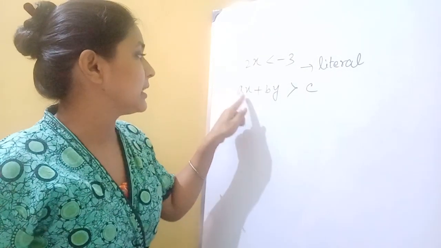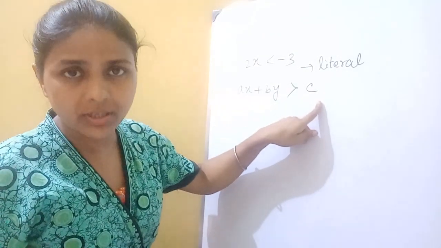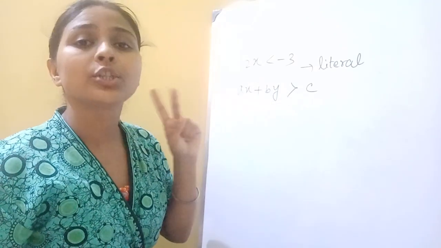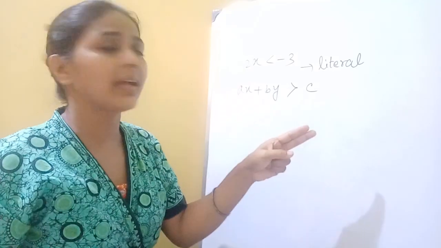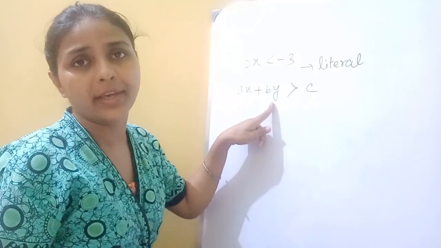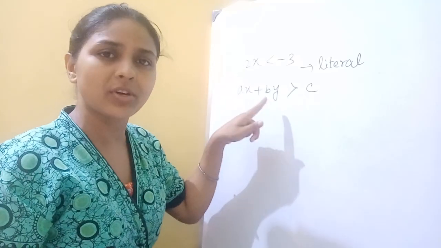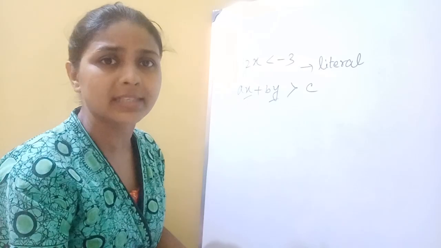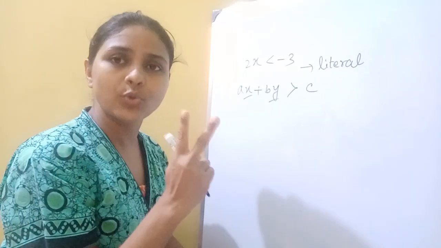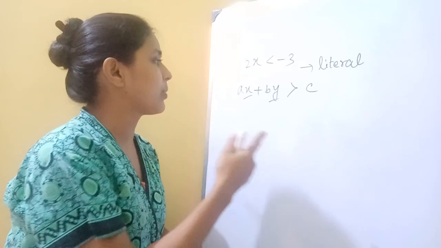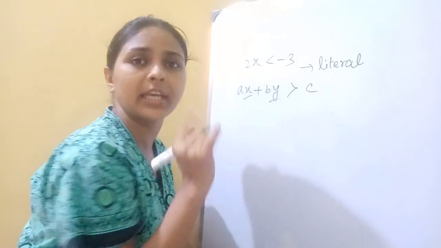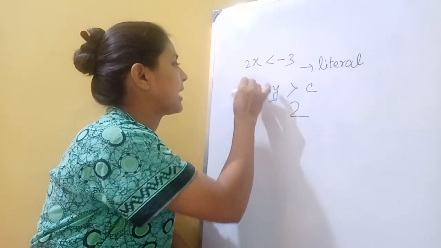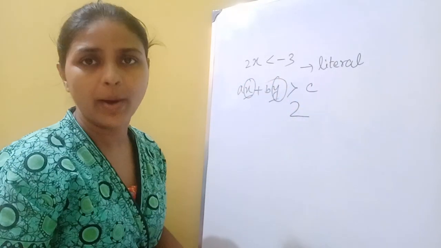You can see this is also a literal inequality, and this is a literal inequality of two variables. What are the variables? X and y. Why literal inequality? Because x and y are present as variables, and as two variables are present, this is called literal inequality in two variables.